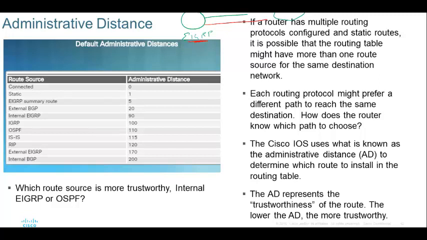OSPF is 110. Smaller is trusted more. 90 is trusted more. All right. So lower administrative distance is more trustworthy. With this, we'll stop.